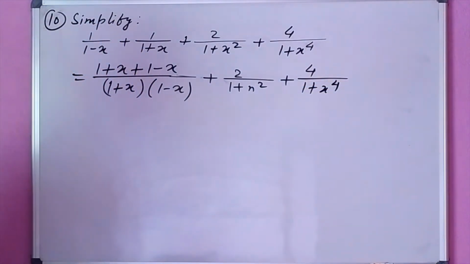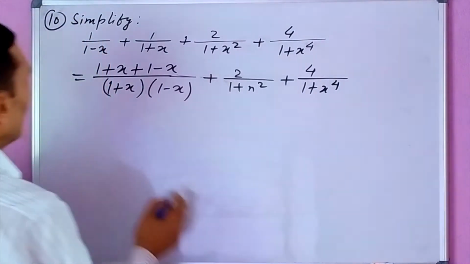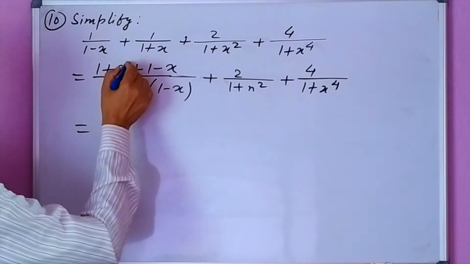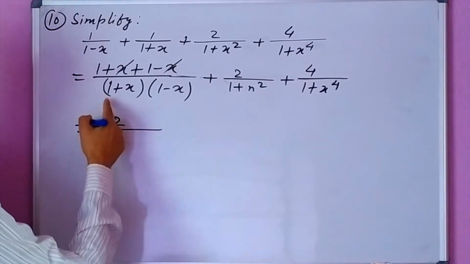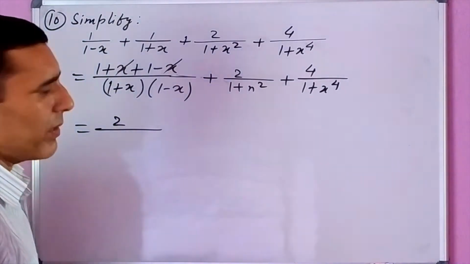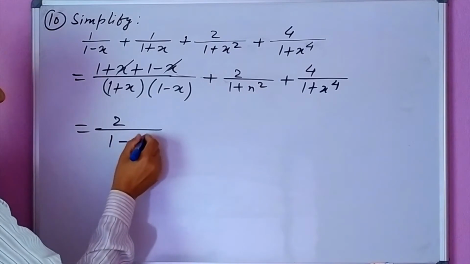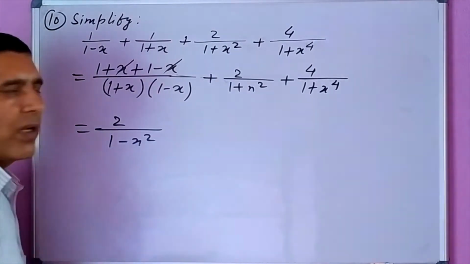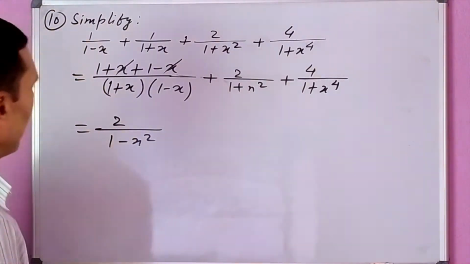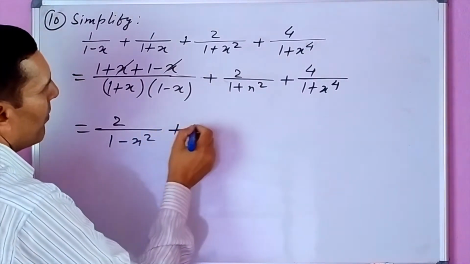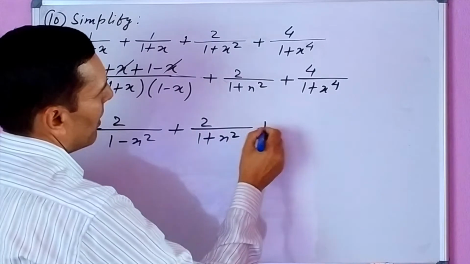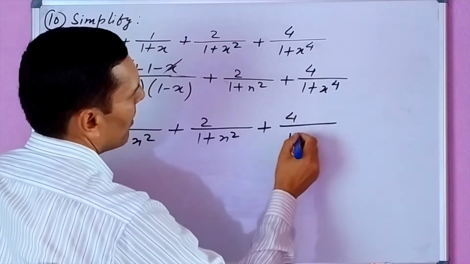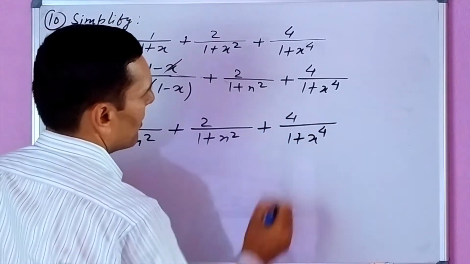We have the third term and fourth term as they are. Now plus x minus x cancels, 1 plus 1 is 2, upon 1 plus x times 1 minus x, which we can write as 1 minus x square, because a plus b times a minus b is a square minus b square, plus 2 upon 1 plus x square, and plus 4 upon 1 plus x power 4.